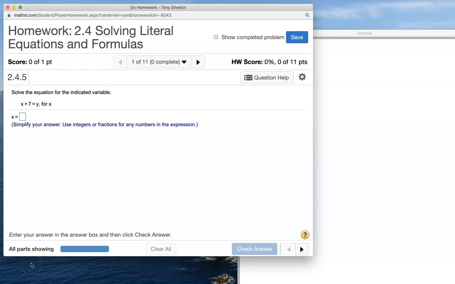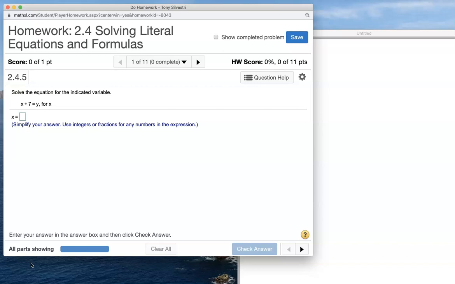And welcome to section 2.4, and this section is entitled Solving Literal Equations and Formulas. Now, what does that mean? Well, what it means is if you have an equation, that's something with an equal sign in it, and you have more than one variable, like x and y in this case, not the same variable, but more than one different letter, that means different variables, you're not going to get an answer that's like 5 or a whole number or some number.